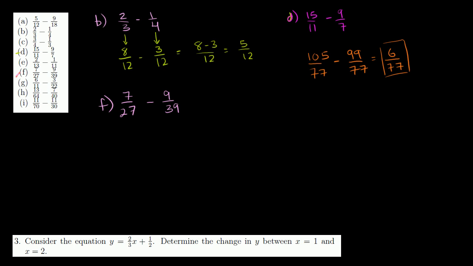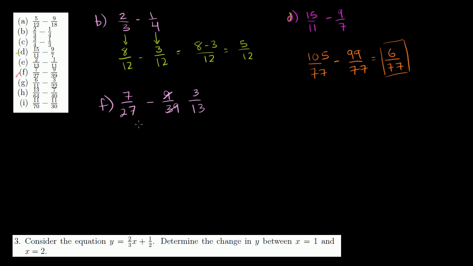And actually, there's something we might be able to simplify. 9 over 39, they're both divisible by 3. So I can rewrite 9 over 39 as divide 9 by 3, it becomes 3. You divide 39 by 3, it becomes 13. So this becomes 7 over 27 minus 3 over 13.